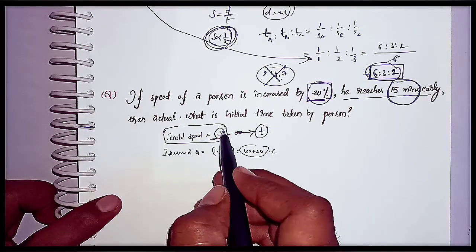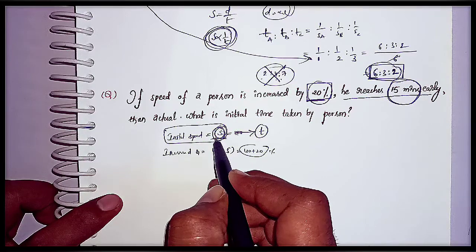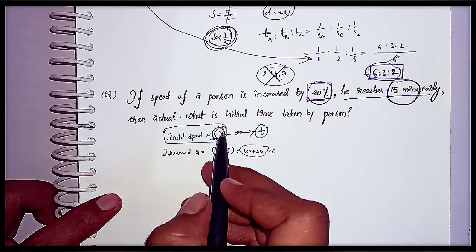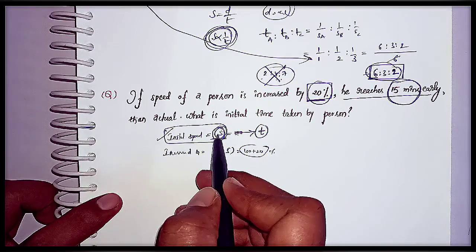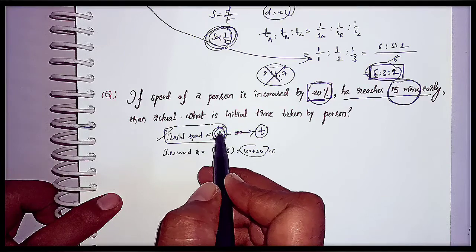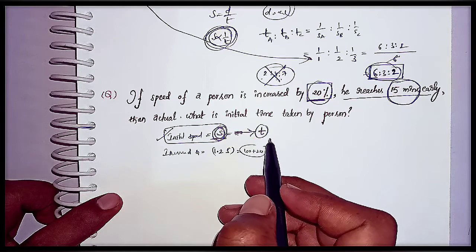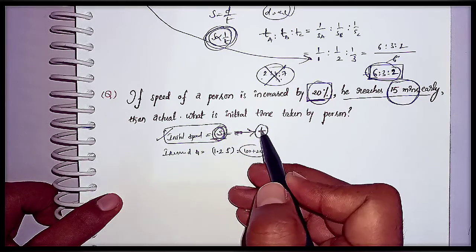Traveling with speed s, he reaches his home with time t. This is not given in the question; I am assuming the initial speed is s, and with this speed he travels to his home in t seconds.